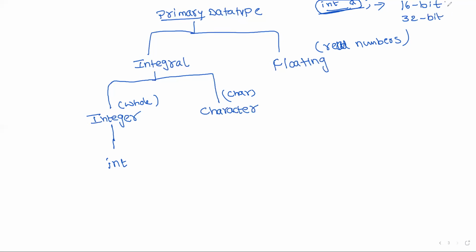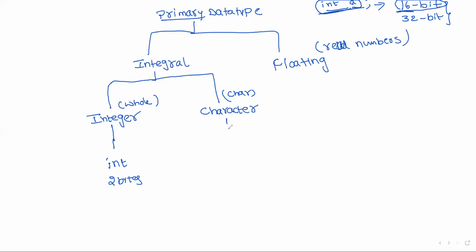I am not talking about versions. Here, 64-bit architecture, 32-bit architecture. If you are using 16-bit, I am explaining the concept for 16, assume. If you are using 16-bit architecture, the size is 2 bytes. That means for the variable a, 2 bytes of memory is allocated.